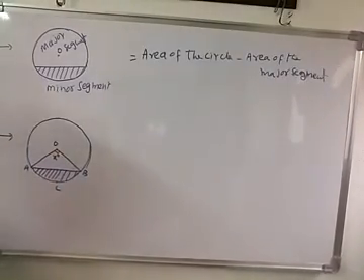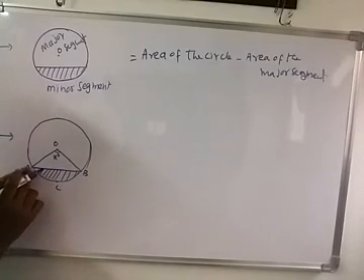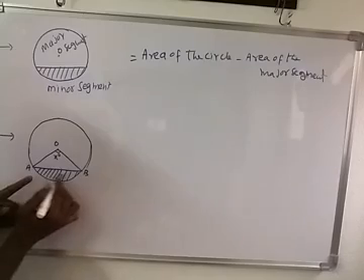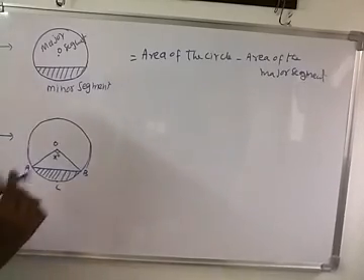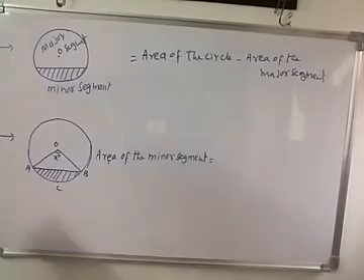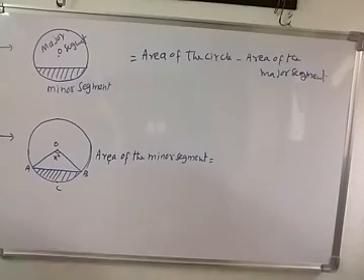Now in this figure we are finding the area of the shaded region. This is a minor segment. Now we are finding the area of the minor segment. How do we find it?